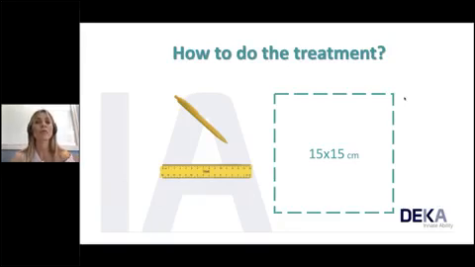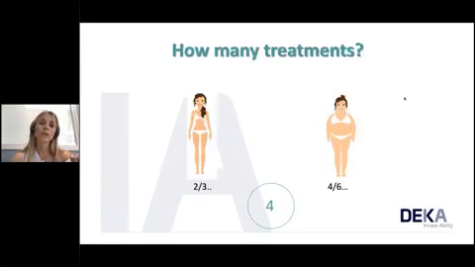So we don't have to stress the lymphatic system too much. How many treatments? Well, it depends on the body type. So if the patient is a normal type patient, we normally perform 2-3 sessions. If the patient is an overweight patient, we will perform 4-6 sessions, but an average of 4 sessions.